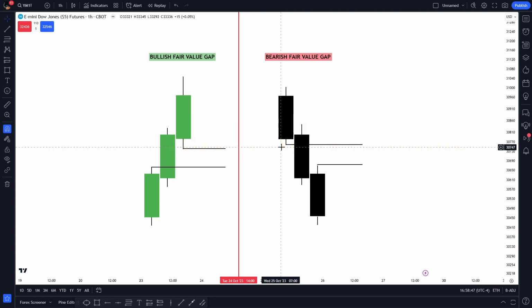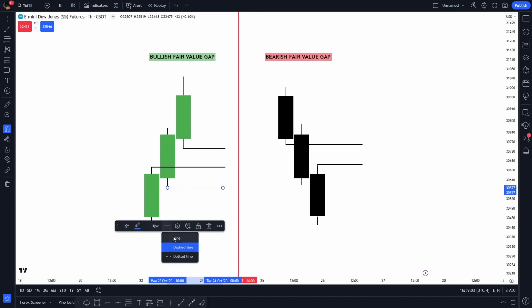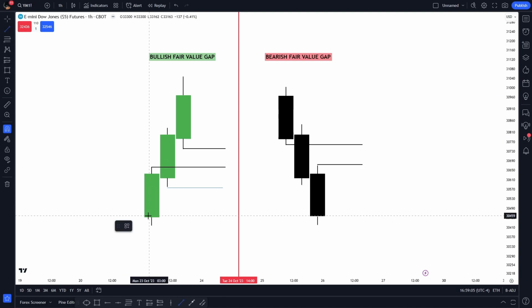For a bullish silver bullet, you should set your stop loss at the recent low and target a 1 to 2. Okay. Or what you could do for better risk to reward is either place your stop at this low right here of the fair value gap, or this low right here of the fair value gap, right?